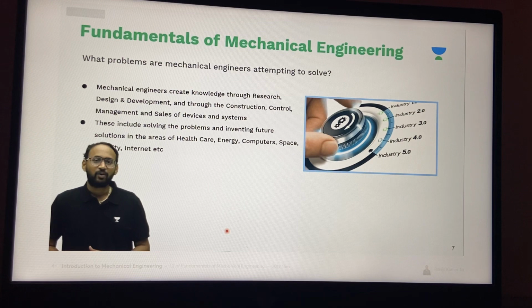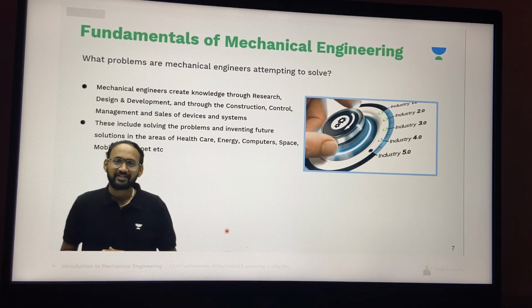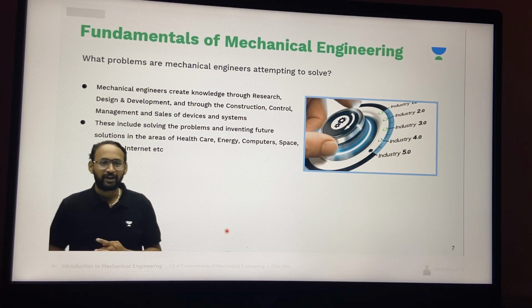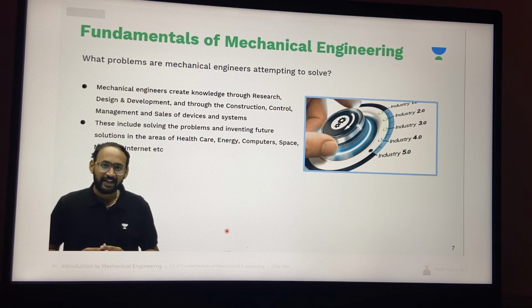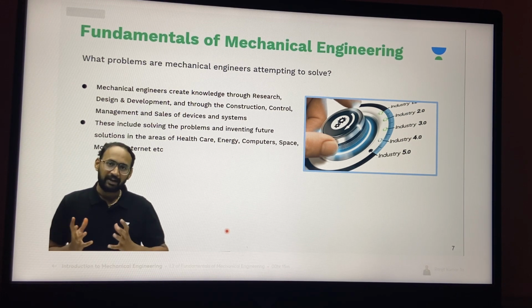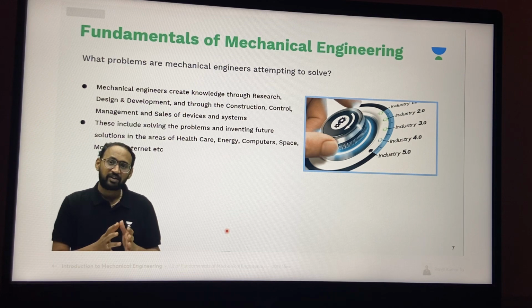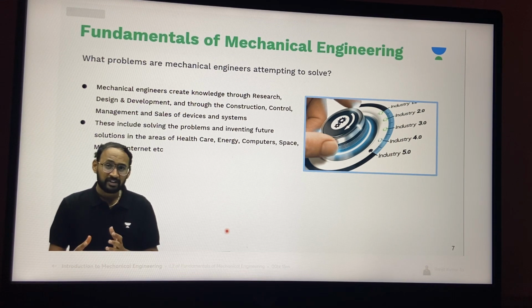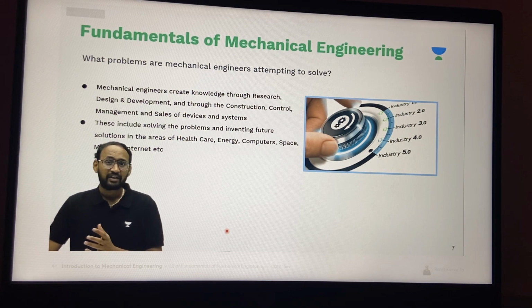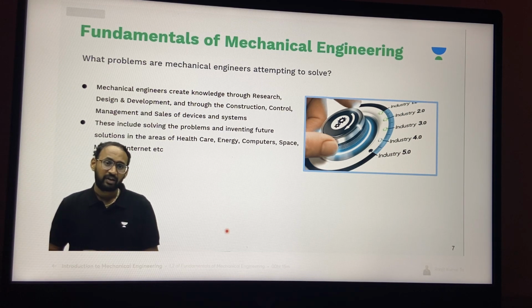All right, so what are the problems mechanical engineers are trying to solve? Mechanical engineers are trying to create a huge knowledge base through the application of engineering physics or the underlying principles to create a cost-effective or innovative product, right?